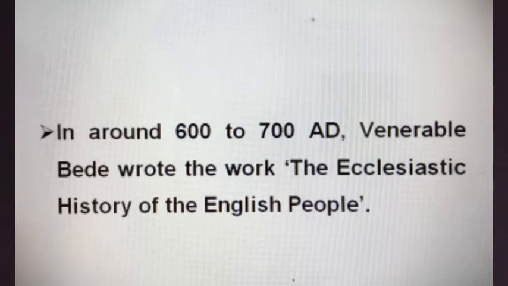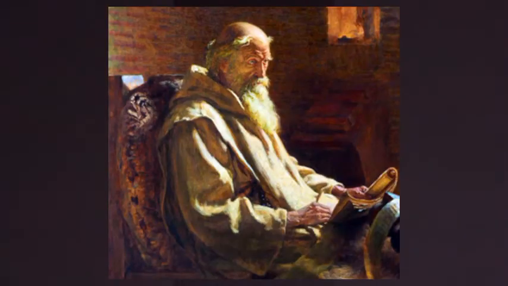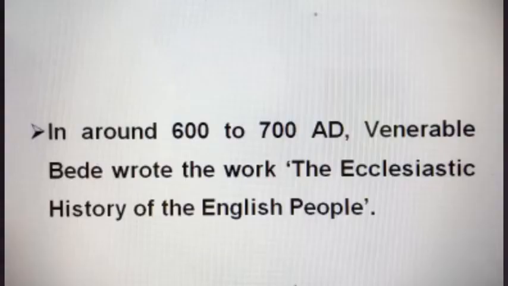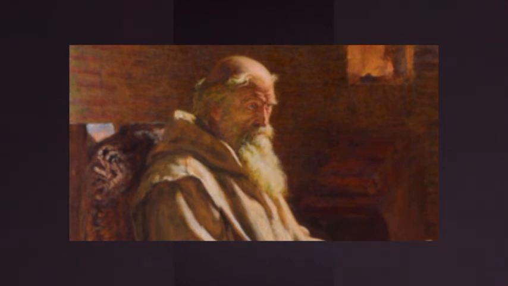Then in around 600 to 700 AD, Venerable Bede wrote the work, The Ecclesiastic History of the English People.